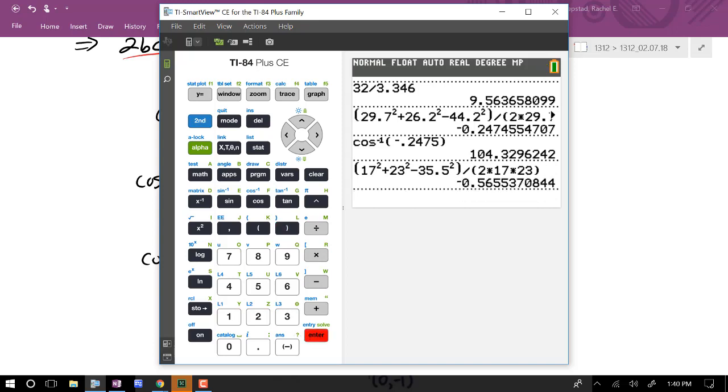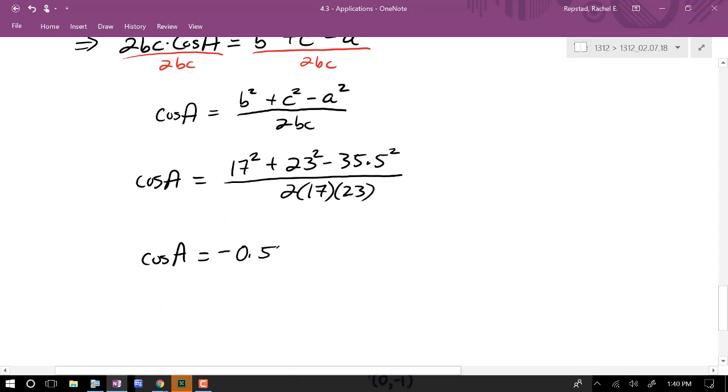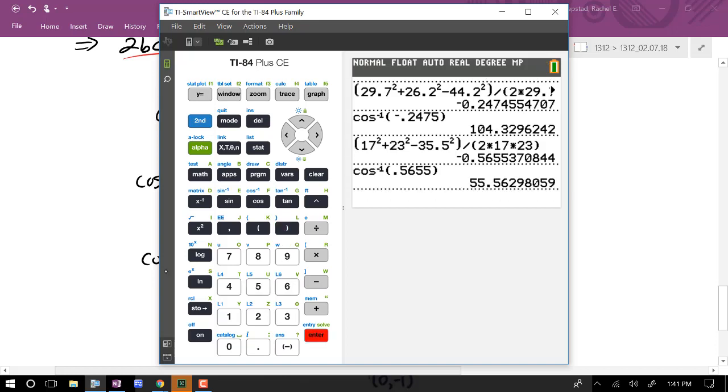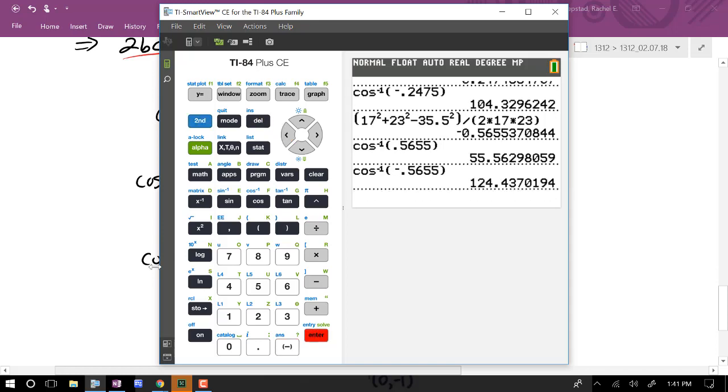So negative 0.5655. We can find angle A by taking the arc cosine. Oh, whoops, I did not put in the negative. 124.4.